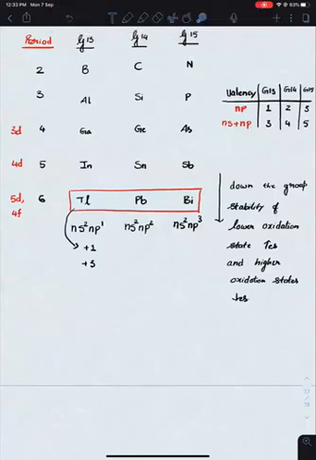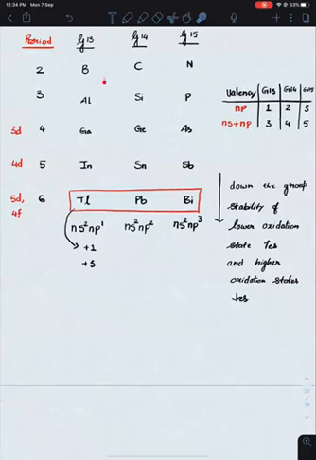And in case of period 6 elements, the lower oxidation state is always more stable than the higher oxidation state. मतलब क्या है? In case of thallium, इसका +1 oxidation state will be more stable than +3 oxidation state. If you take boron, its +3 is more stable when compared to +1.